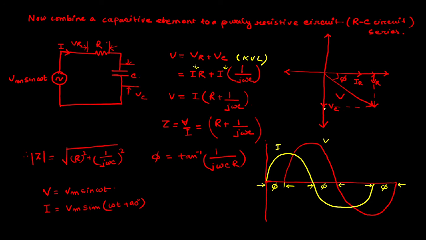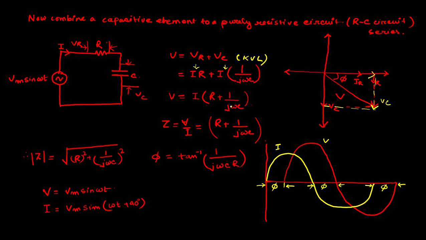And if we place this VC over here, this is VC and this is VR. If we place this over here, we will get a resultant vector which represents the actual voltage to the circuit, right?